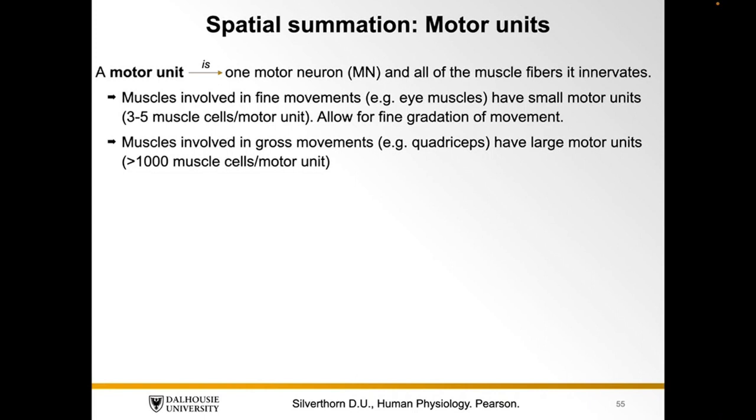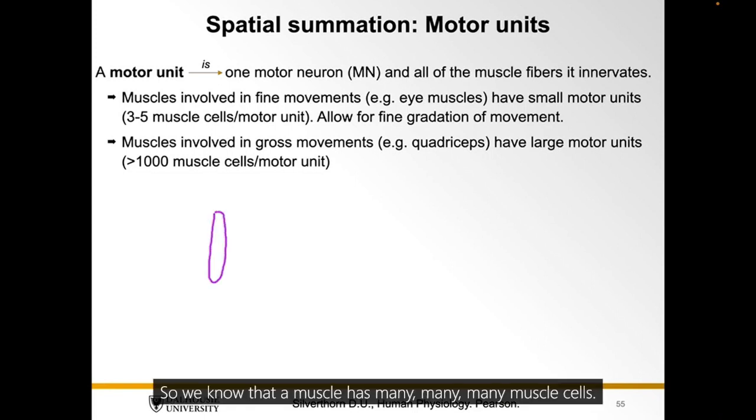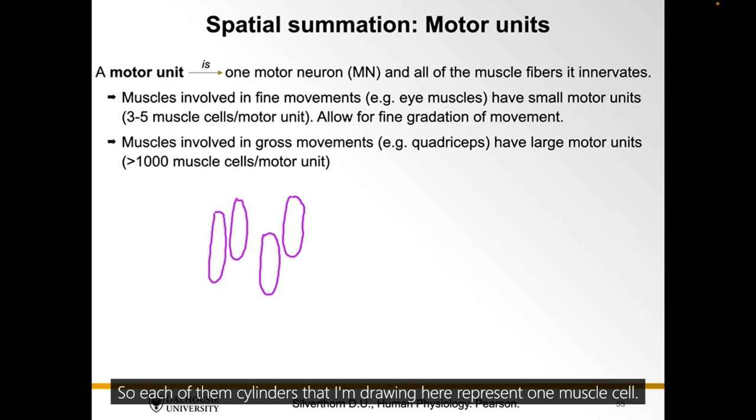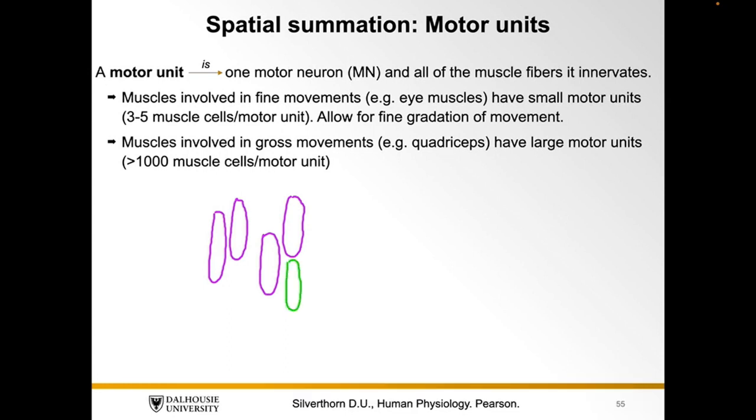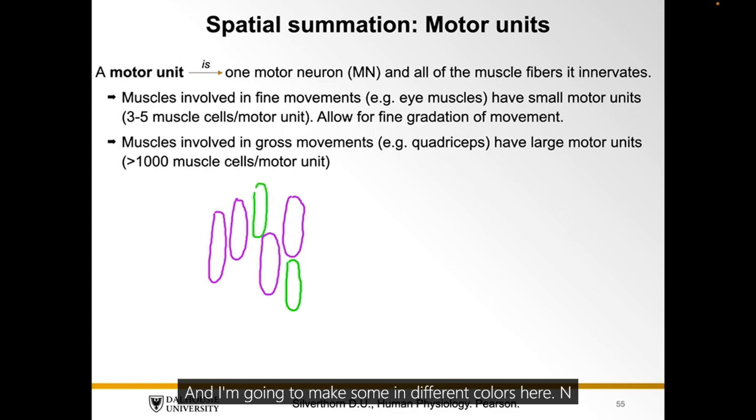Let me draw what motor units look like. So we know that a muscle has many, many, many muscle cells. So each of the cylinders that I'm drawing here represent one muscle cell. And I'm going to make some in different colors here.